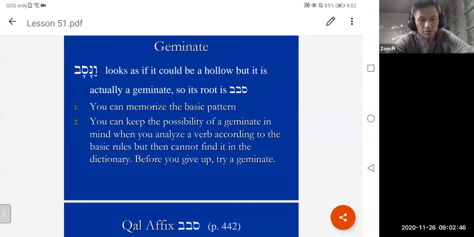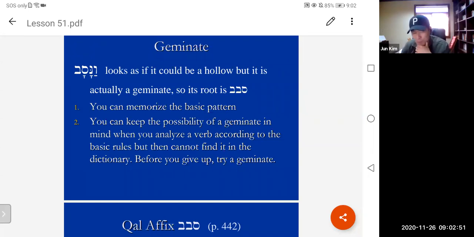Before you give up, try a geminate. That's encouraging. Before you give up, try sabab, or terminate. Don't give up. We always have another possibility. Don't give up and try if you have a geminate verb. There's hope over there.